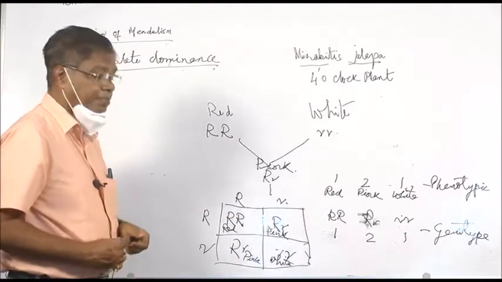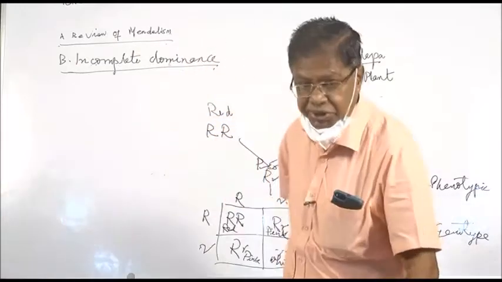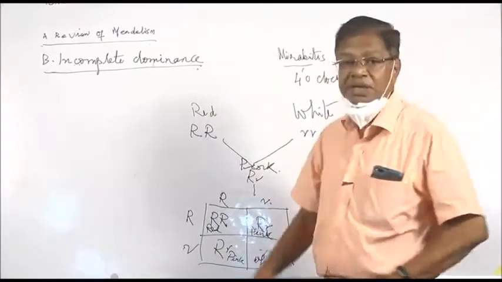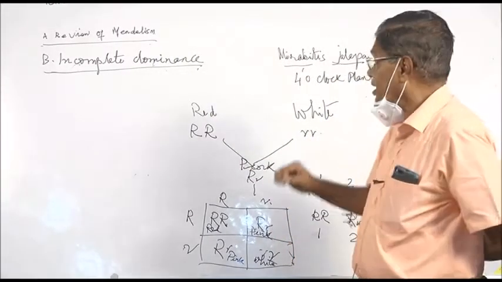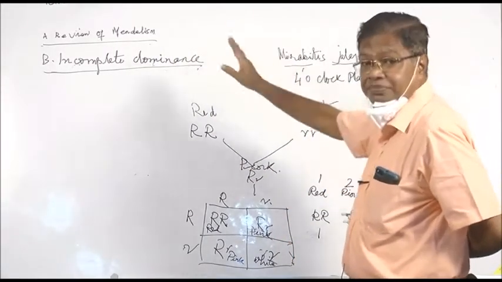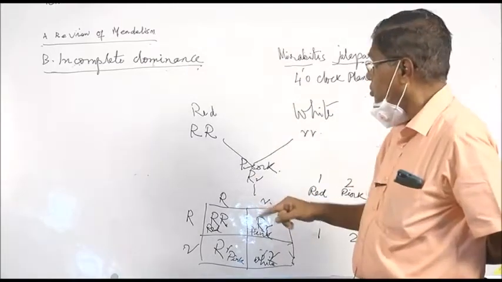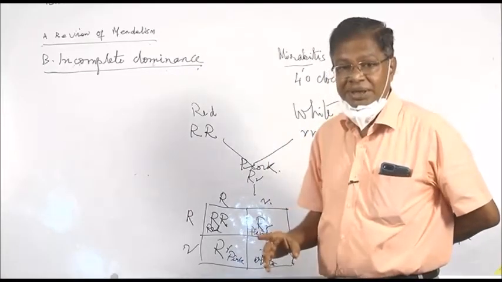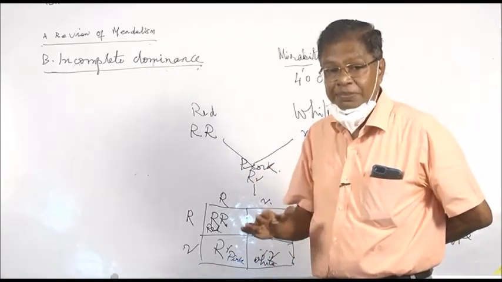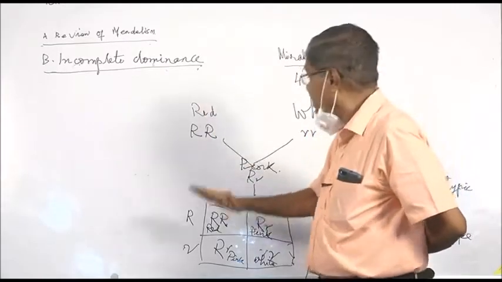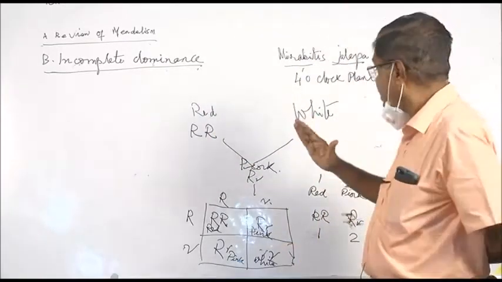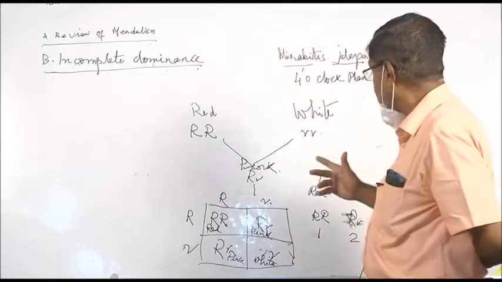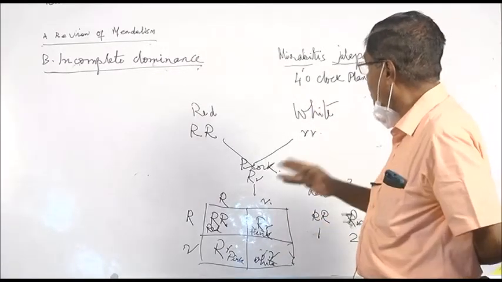Let me sum up incomplete dominance again. The first point is that it is a deviation from Mendelism. Second, in incomplete dominance the dominant gene is not able to suppress the effect of the recessive gene as is expected in Mendel's monohybrid cross.